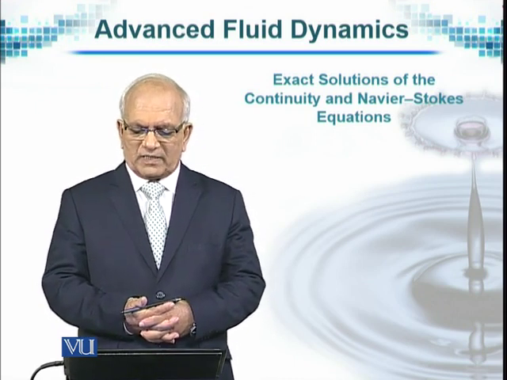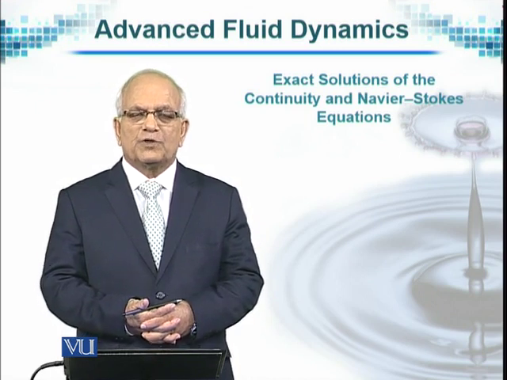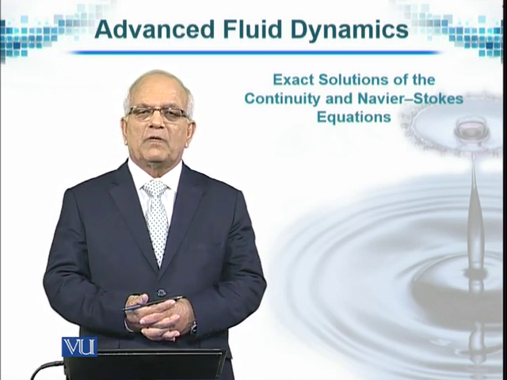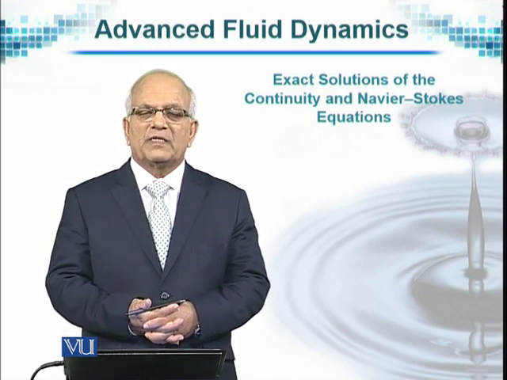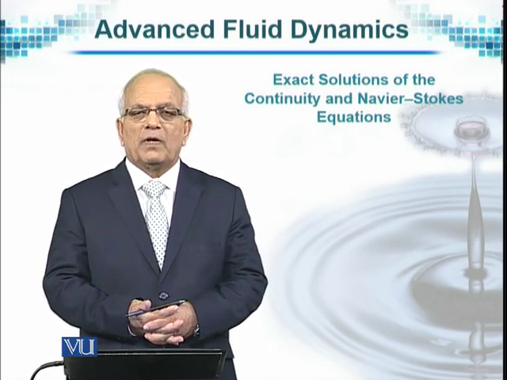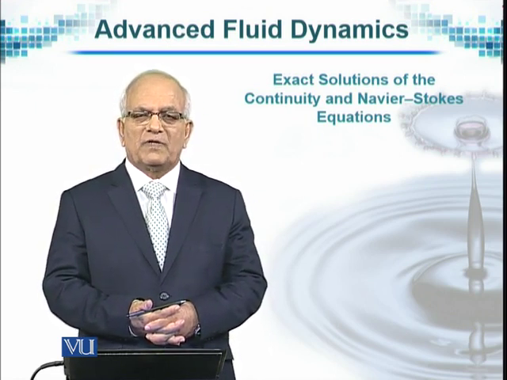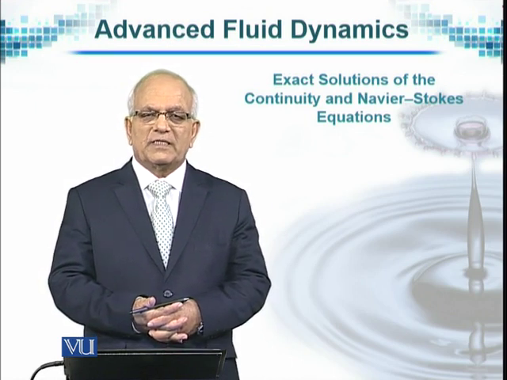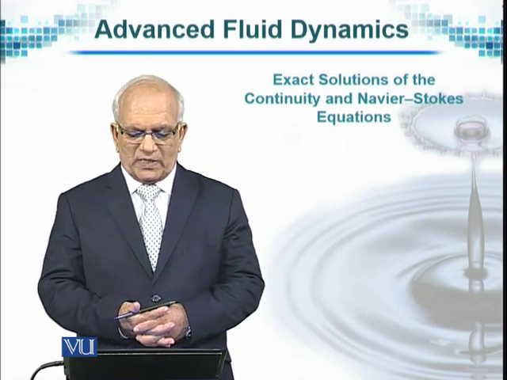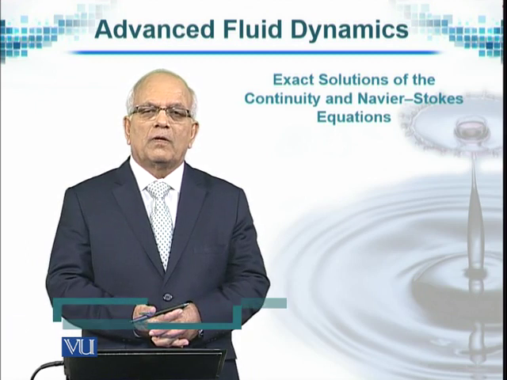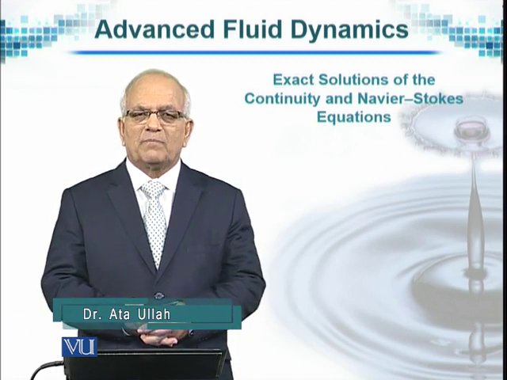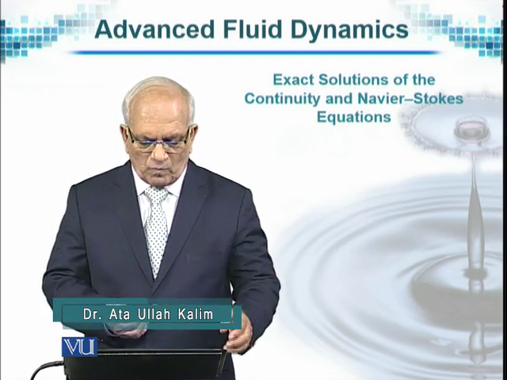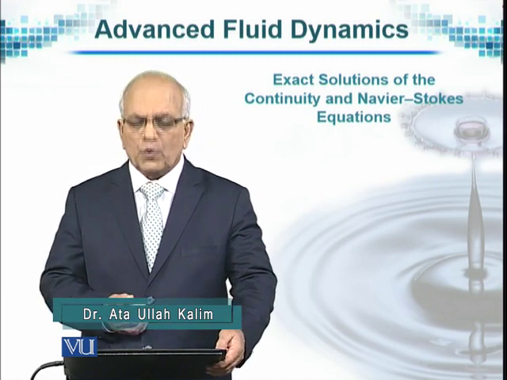We call them exact solutions. Some of them are available, but specific conditions apply to them. So we consider a few of them by considering certain examples one by one, and let us look at them.